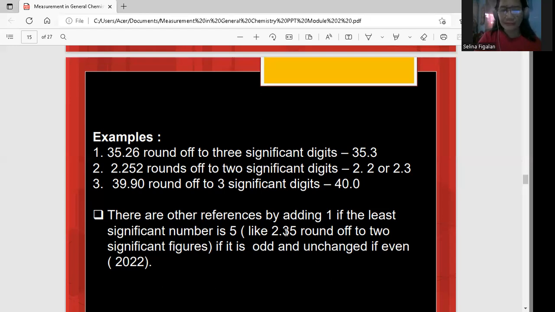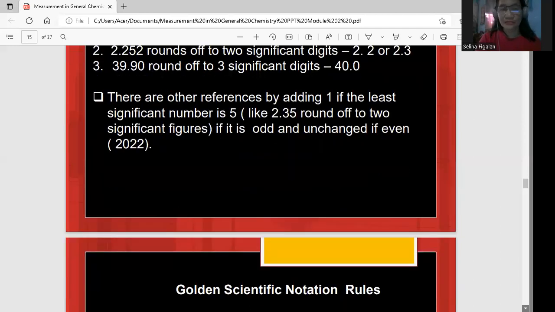Okay? Sabi, if it is odd, magdadagdag. If even, hindi daw. But here, pwede ko kayong pagbibigyan kung pwede nyo gagawing 2.3 or 2.4. Okay, nearly naman siya doon, which is closely to the accurate result.